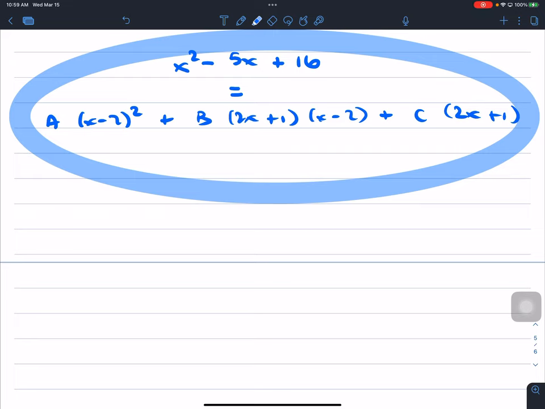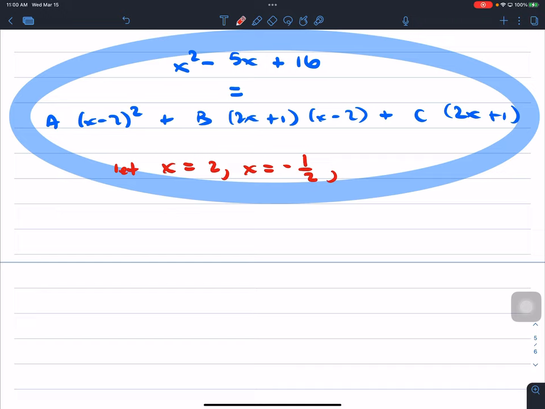So now you might say, well, how would I do this now? Well, what I'm going to say is this. You're going to do the following to get your constants here, okay? I would say you're going to let x be 2, x be negative 1/2, is that right? And then you say, I have another option.